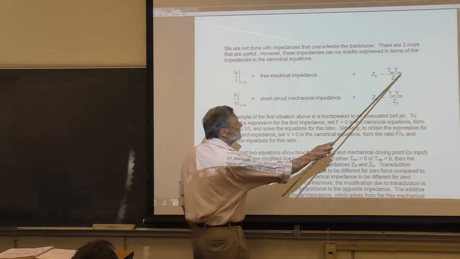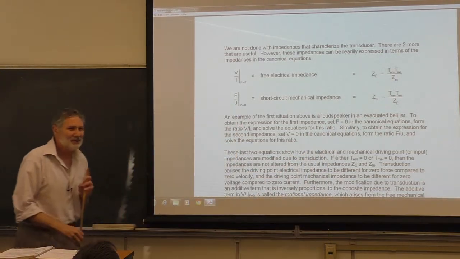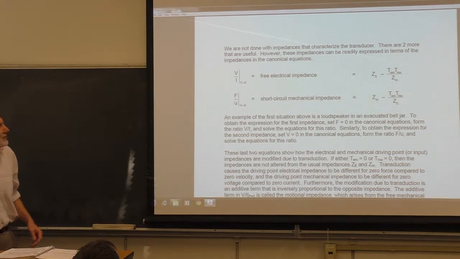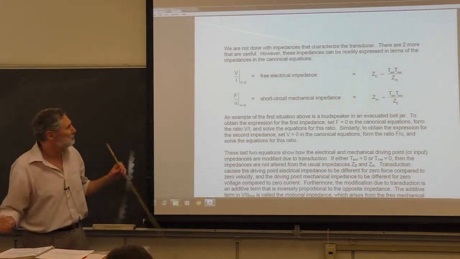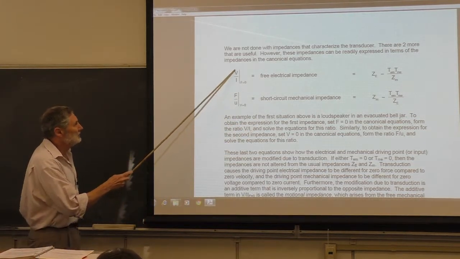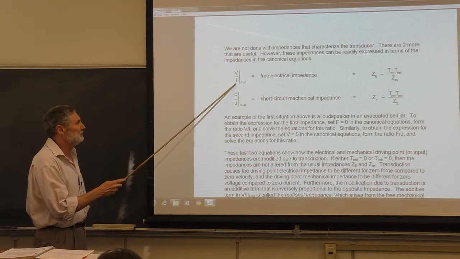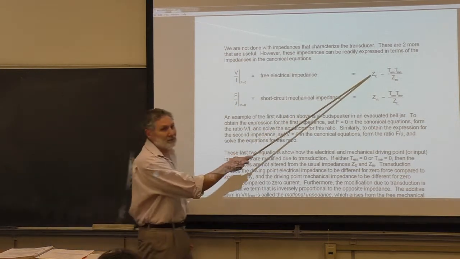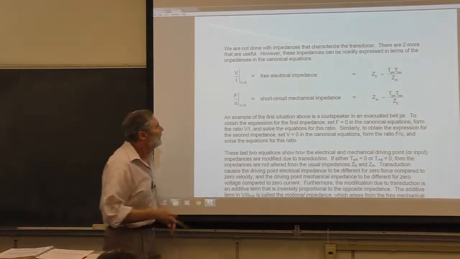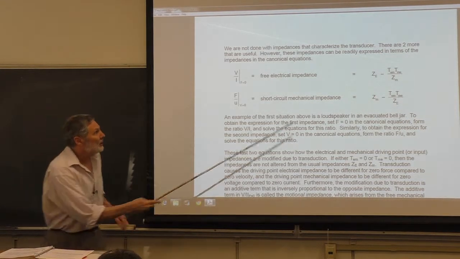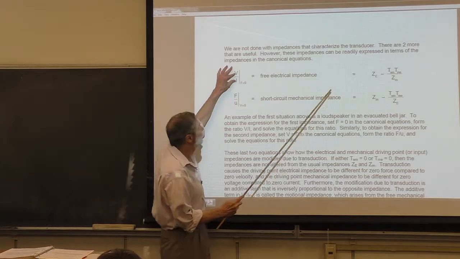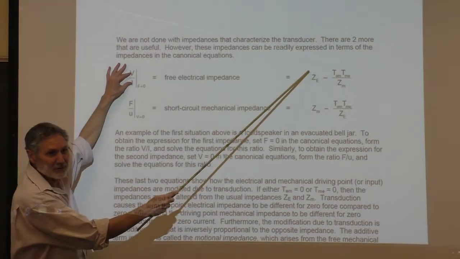So already this is interesting. Let me explain. Remember, when we block the transducer, the electrical impedance here is just ZE. That's the meaning of ZE. When we unblock it and go to the limit where there's no force, you can see how the impedance is changing in here.